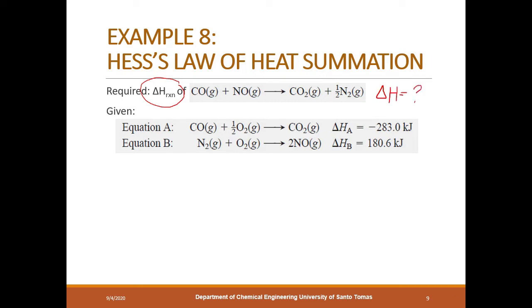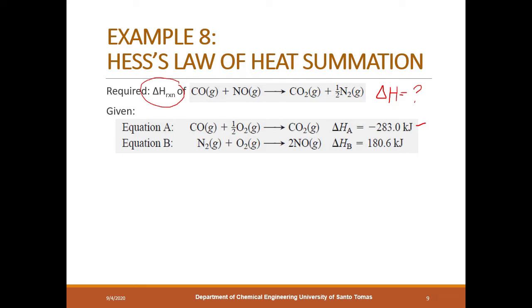Now, part of the given for this example is equation A and equation B. For equation A, we have the combination reaction of carbon monoxide and oxygen to form carbon dioxide, involving a heat of negative 283 kilojoules of energy.